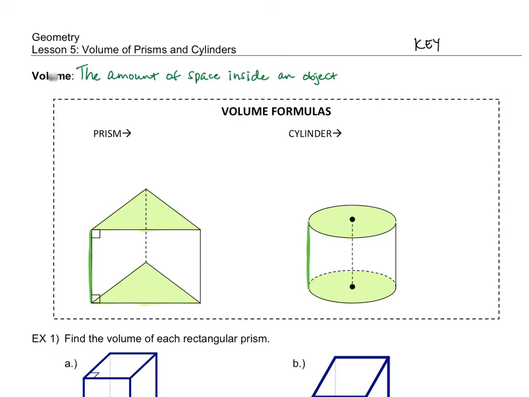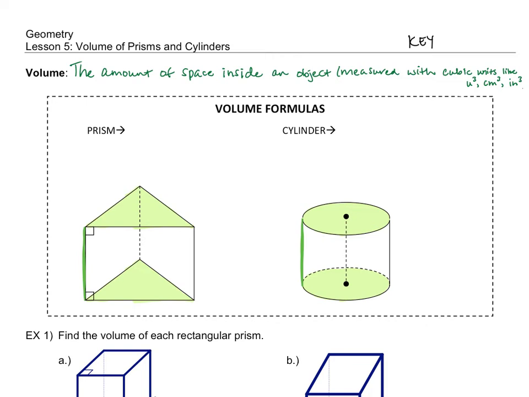Now, we can actually measure it in cubic units. So it could be centimeters cubed, inches cubed. We could even say units cubed. So let's go ahead and make a note that it can be measured with cubic units. And let's show a couple of examples of what we could write down.